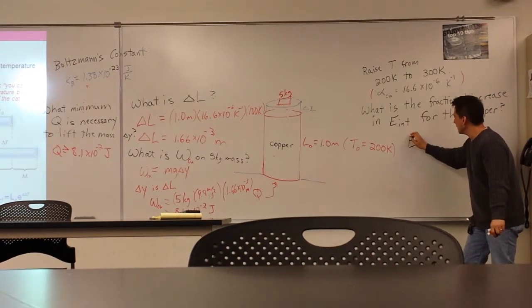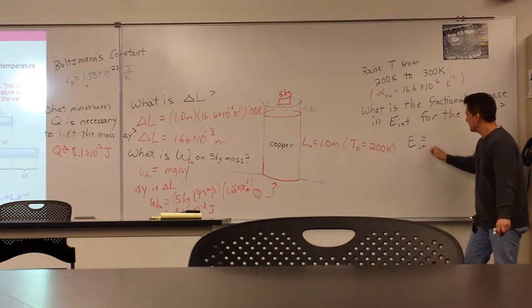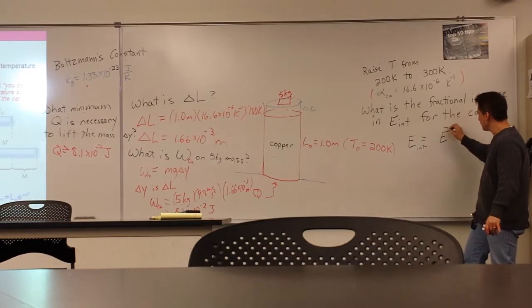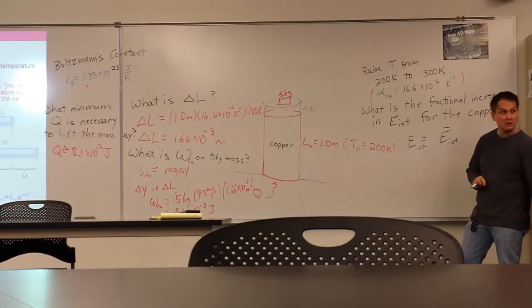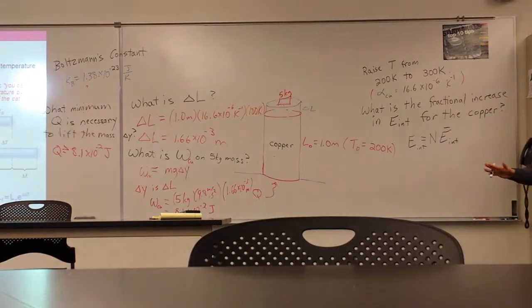Now to think about this, it's more of a thought problem in a sense. The total internal energy is going to be related to the average internal energy of one particle times the number of particles inside. Reasonable? Because each one is going to have a certain amount of internal energy, and you add them all up.